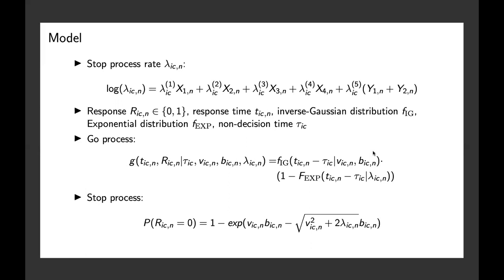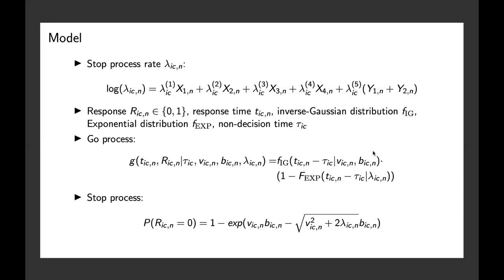The structure we present here is best fitted to our empirical data set with regard to model comparison criteria such as DIC. With a response R, response time T, and a non-decision time tau, the winner process ensures that the time needed for the go process follows an inverse Gaussian distribution, and the Poisson process ensures that the time needed for the first arrival time follows an exponential distribution.